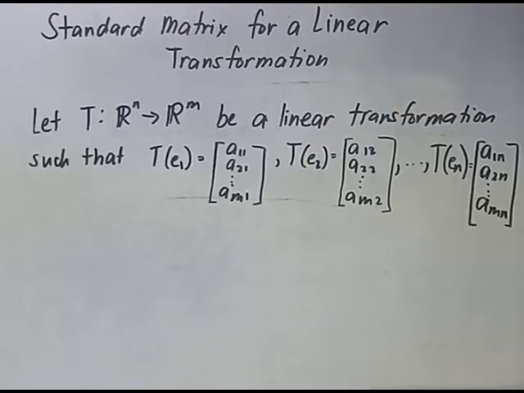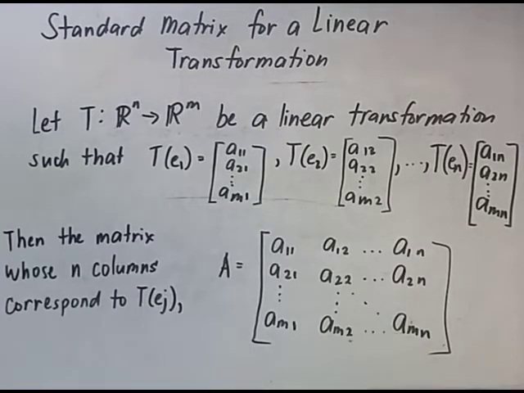In order to find the standard matrix for a linear transformation, we let the transformation T from Rn to Rm be a linear transformation such that the transformation of vector e sub 1 is equal to a sub 1 1 (row 1, column 1), a sub 2 1, up to a sub m 1, and the transformation of vector e sub 2 is equal to a sub 1 2, a sub 2 2, up to a sub m 2, up to the transformation of the vector e sub n equals a sub 1n, a sub 2n, up to a sub mn.